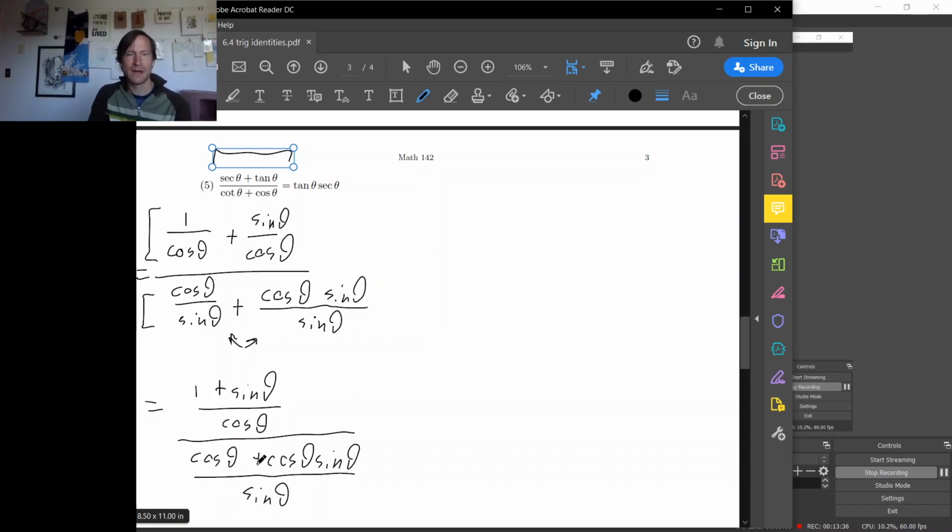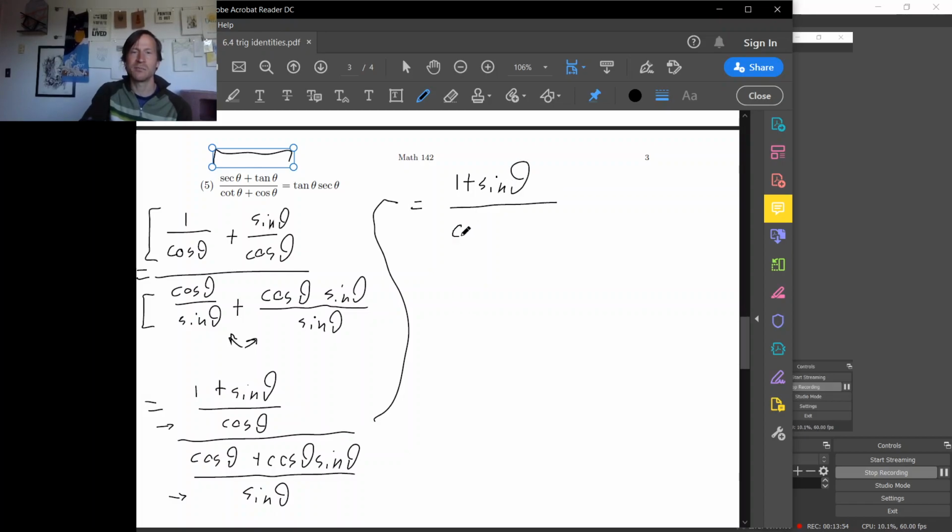All right. It's sort of clumsy to have a denominator in your numerator and a denominator in your denominator. So I rearranged things by, so this 1 plus sine theta, we're going to leave alone. In the denominator, our cosine theta plus cosine theta sine theta, we're going to leave alone. But these denominators I pulled out to the side.